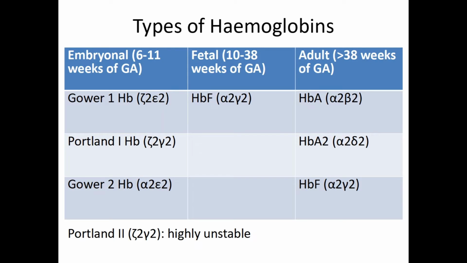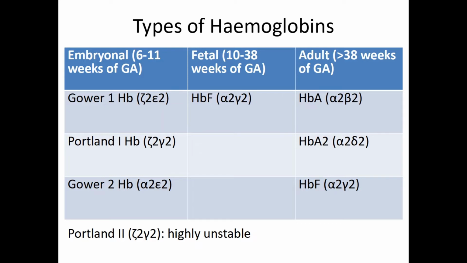Embryonal hemoglobins are seen at 6 to 11 weeks of gestational age, that is the pregnancy, while fetal hemoglobins are seen at 10 to 38 weeks of gestational age, and adult hemoglobins are seen after 38 weeks of gestational age. However, the adult hemoglobins, the proportion will become proper only after about 6 months of age.